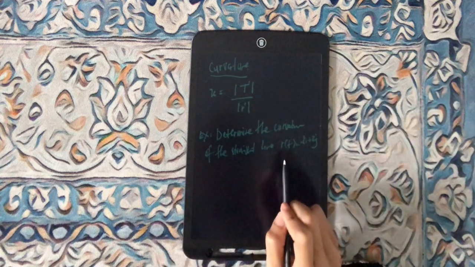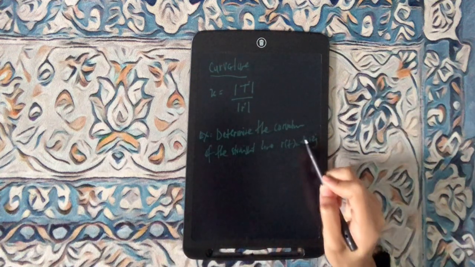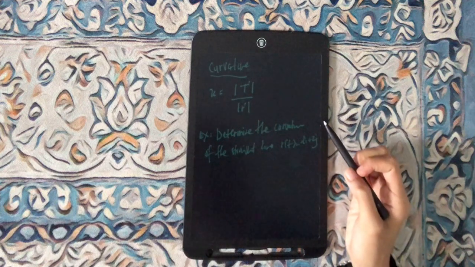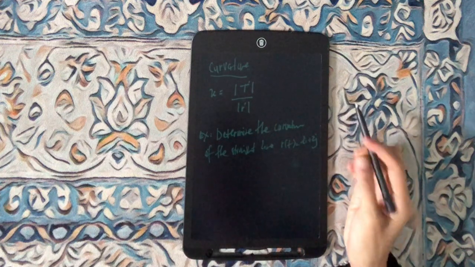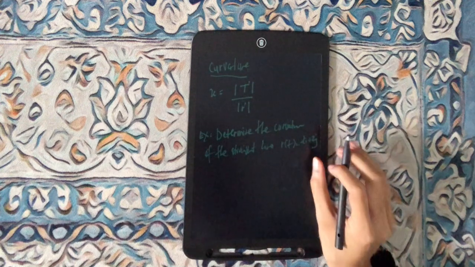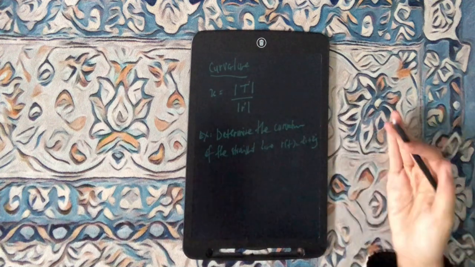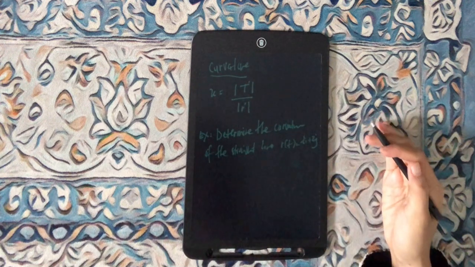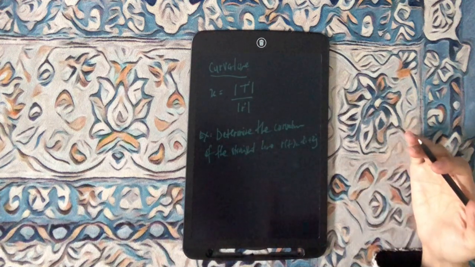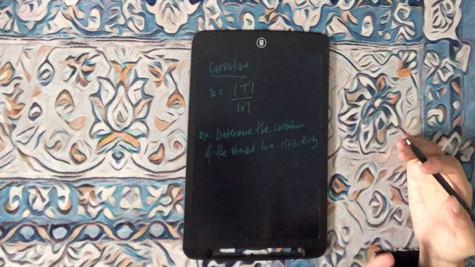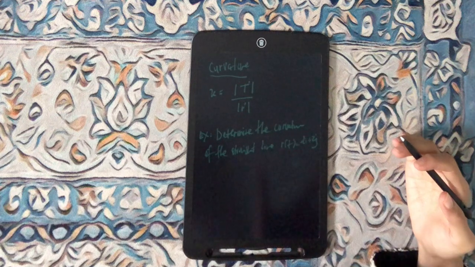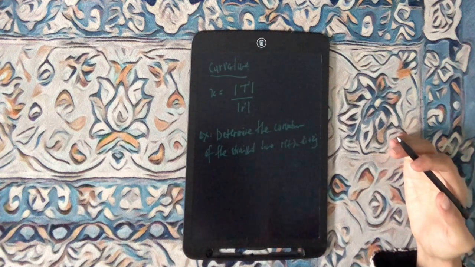This is a straight line, and the question asks you to find the curvature. Basically, for this question, you don't need to calculate anything. You can get the answer directly just by reading the question.